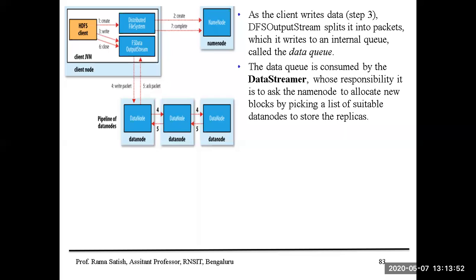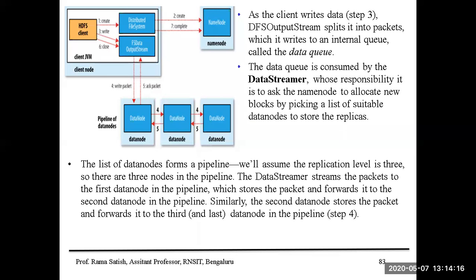So it will get the data node details, and based on these details, where the replicas have to be stored, the name node will supply everything. The data streamer communicates with the name node and gets all the details. Once those details are available, the list of data nodes forms a pipeline.